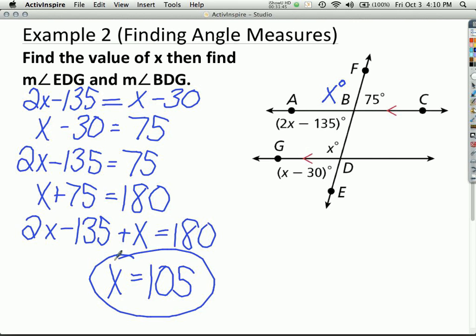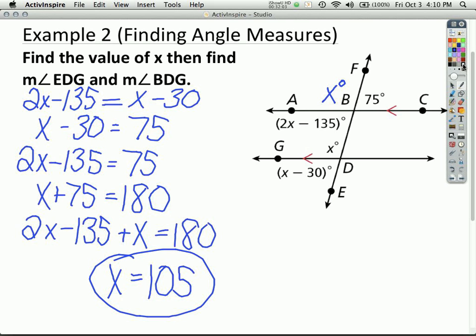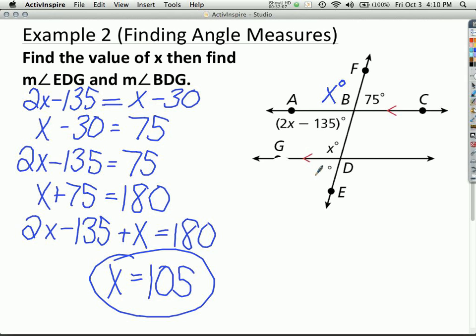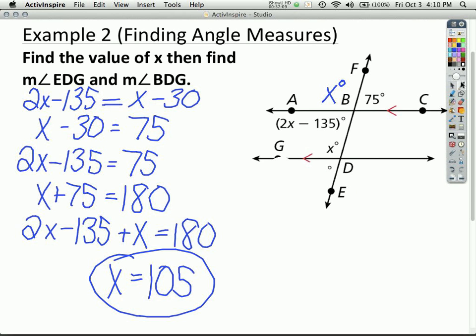So we solved for x, and now find the measure of EDG and BDG. EDG is right here. What's the measure of that angle? What if I did this and asked you to tell me the measure of that angle?